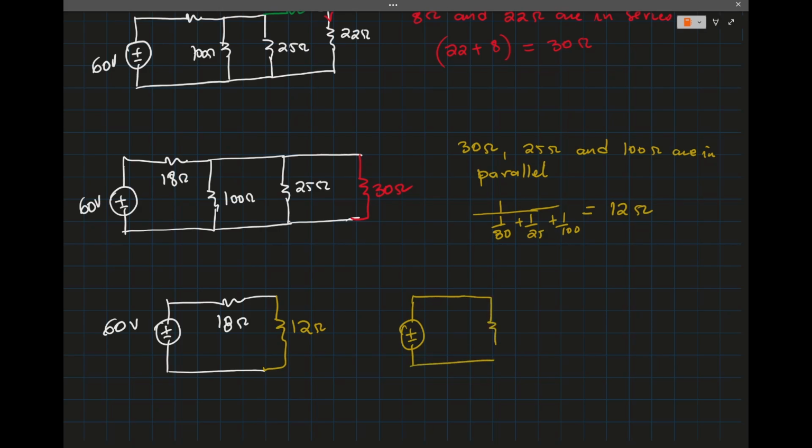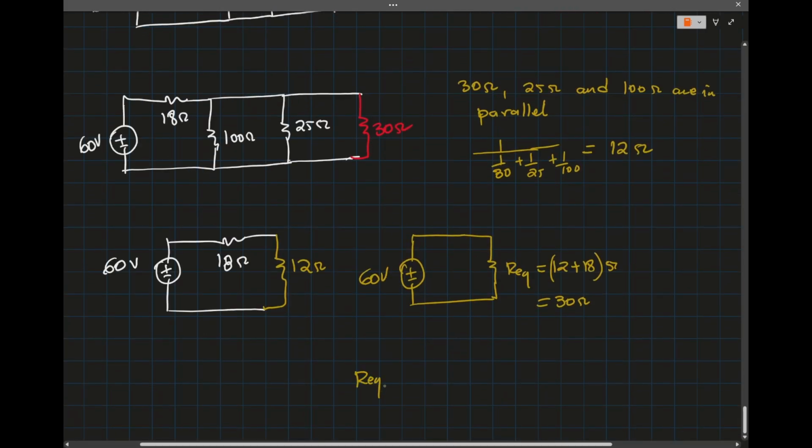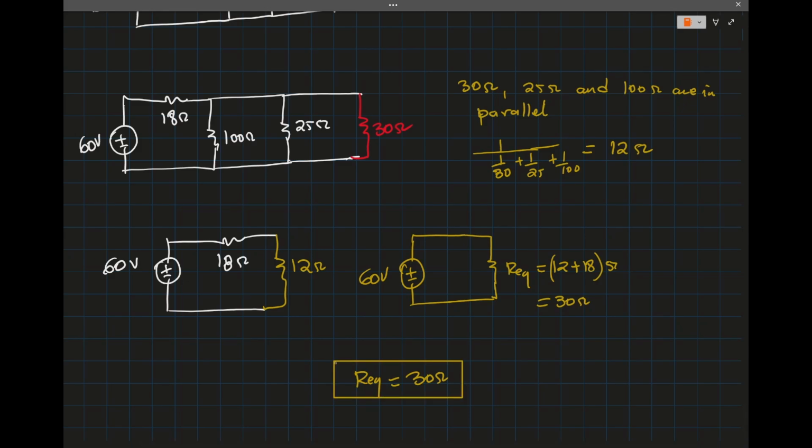The equivalent resistance is 12 plus 18 ohms, so that's 30 ohms. So our equivalent is 30 ohms. That is an example of how we can calculate equivalent resistances.